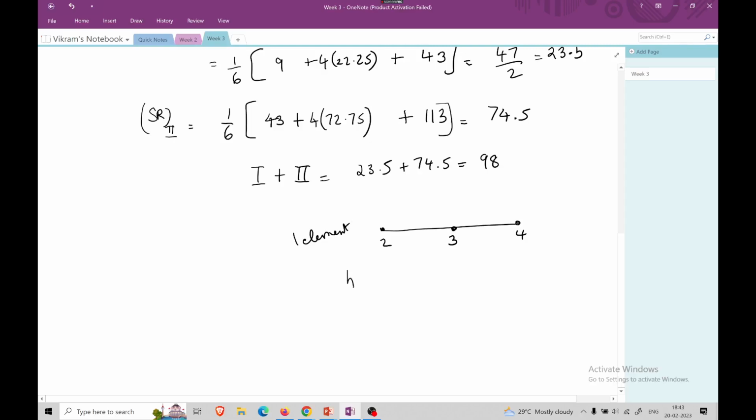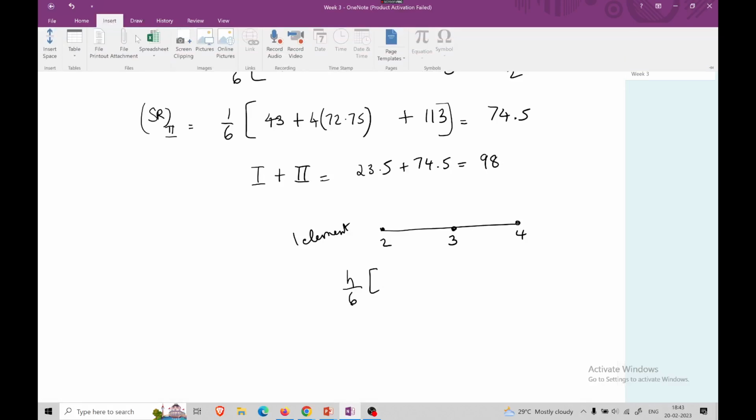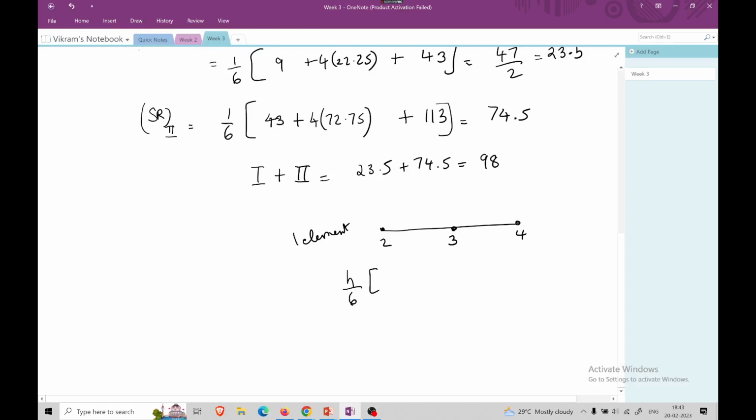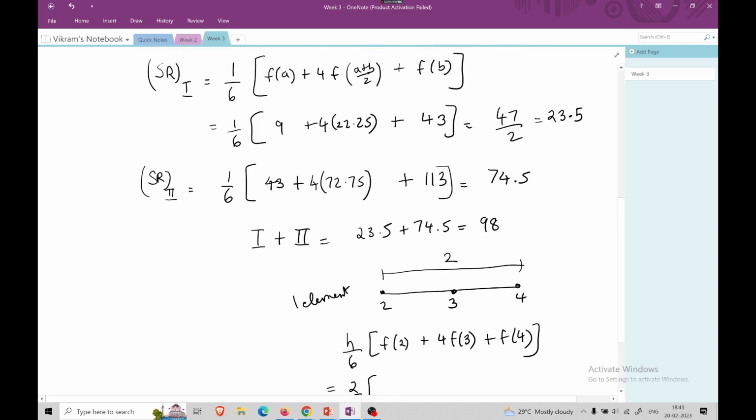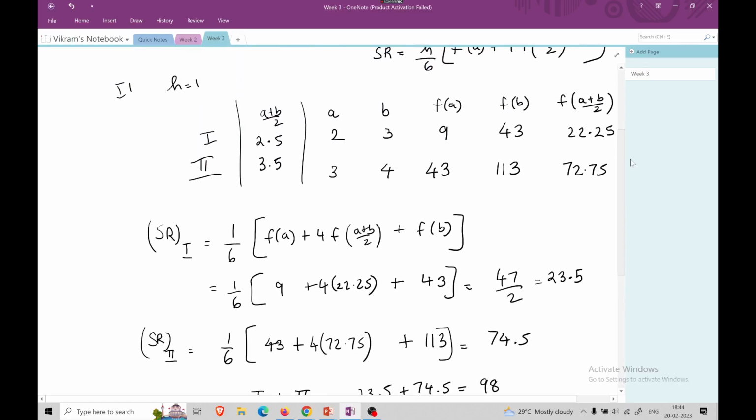So now the value becomes h by 6 into f of 2 plus 4 times f of 3 plus f of 4. We'll see what the answer comes out to be. Mind you, this time my h is 2, so it is 2 by 6. What was f of 2? My f of 2 was 9.